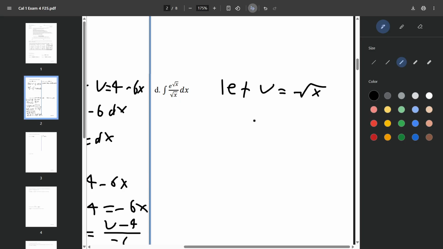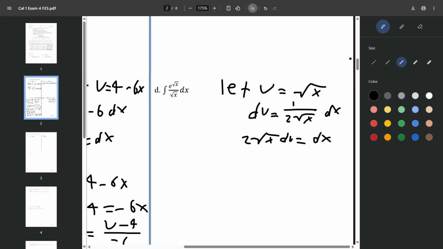And so we will then solve for du. Du equals 1 over 2 root x dx. And so we will solve for dx, which is 2 root x du equals dx.